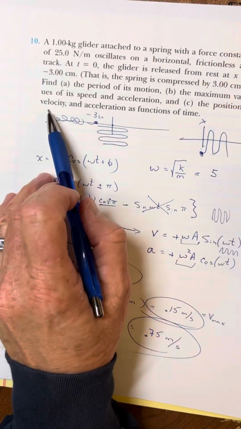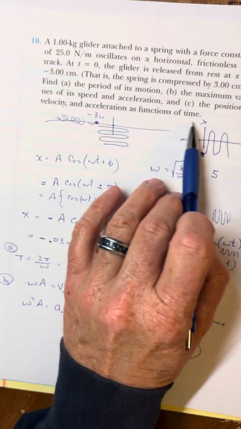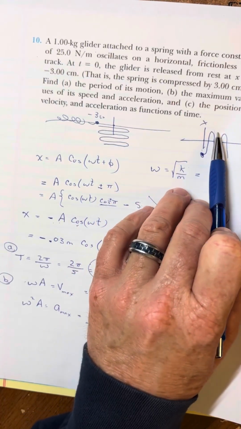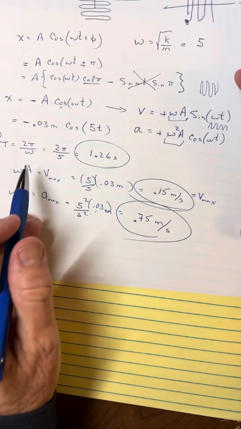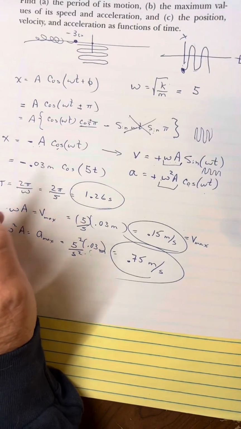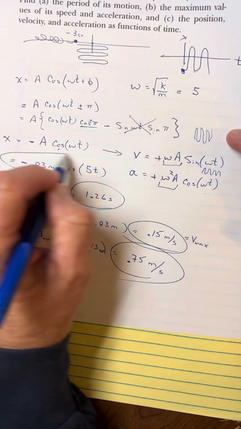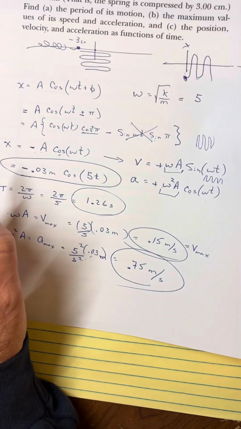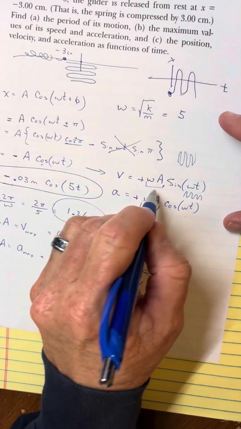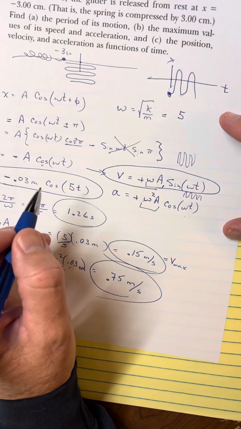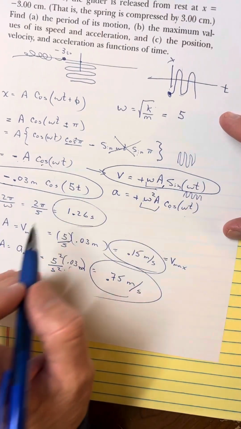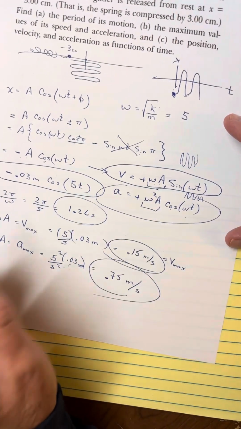The position, velocity, and acceleration as functions of time. Oh, I didn't read it, but I actually solved those. Here is the equation as a function of time for position. Here is the velocity. Maybe I put some numbers in. And here is the acceleration.